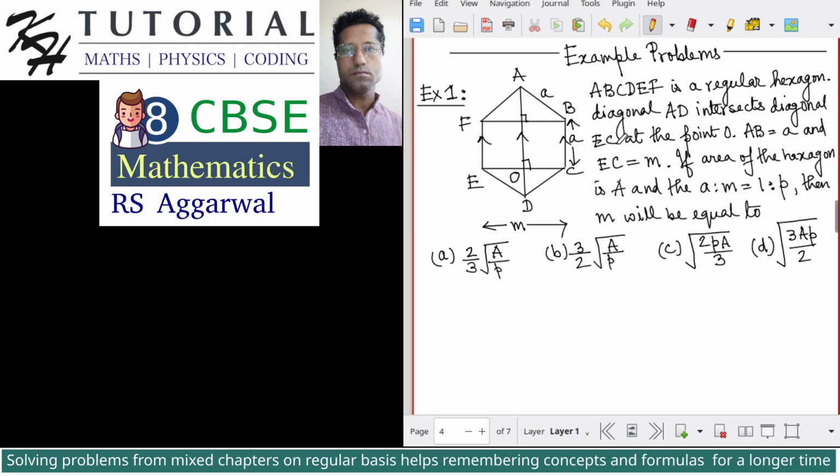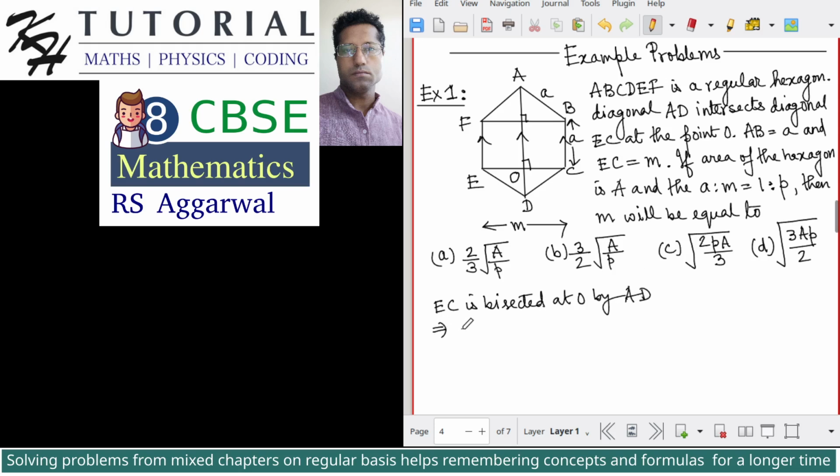Now, I can also say that EC, the diagonal EC, is bisected. EC is bisected at O by AD.